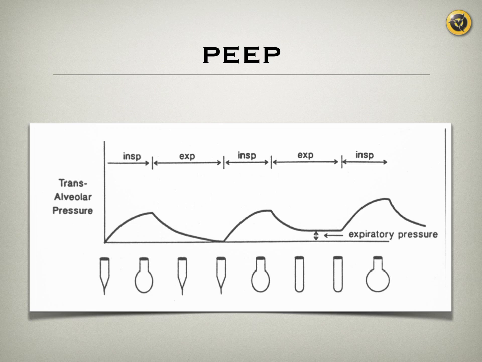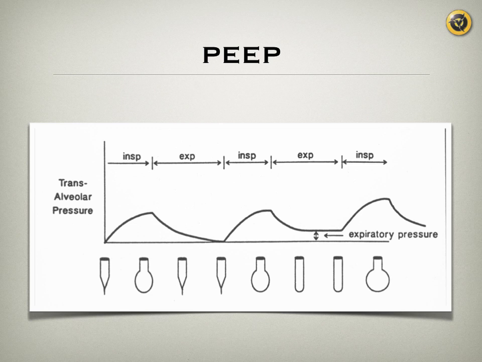And hence the idea of PEEP. In PEEP, instead of going all the way down to 0 centimeter water pressure at the end of expiration, you raise the end of expiration to 5, 10, 15, depending on how many units and how much pressure need to keep those sticky or collapsing alveoli open, stented open, as in the last couple of pictures.